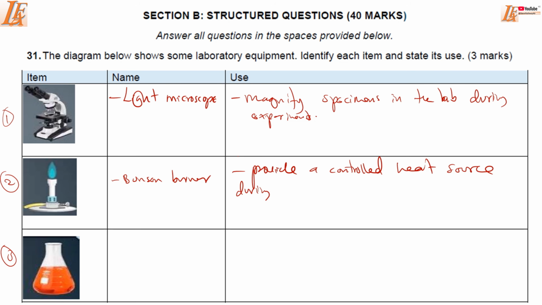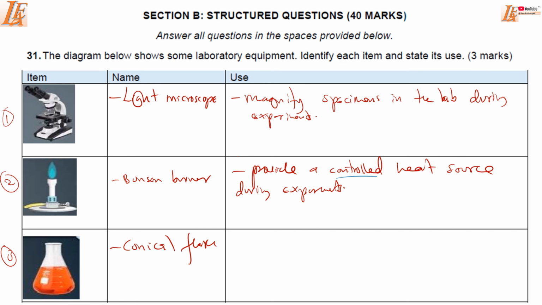The reason why it provides a controlled heat source is because it has a collar where you can adjust the hotness. You can either change it to luminous, or if you want it hot, you open the air hole and change it to non-luminous.